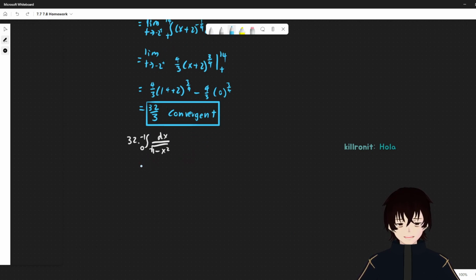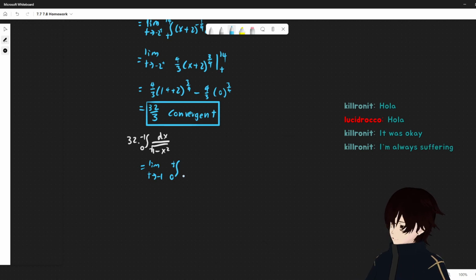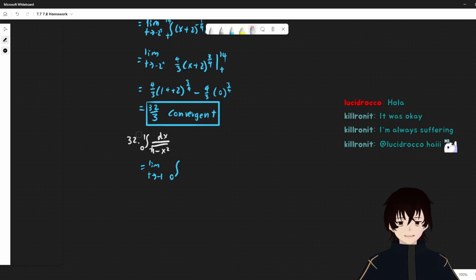Anyways, we gotta rewrite this as the limit as t approaches -1 of the integral from 0 to t. Wait. Oh, not -1, 1. As t approaches 1, from 0 to t of (1-x^2)^(-1/2) dx.